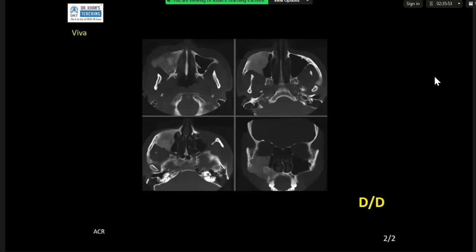I would like to have a look at the soft tissue window because I'm thinking this could actually be an abscess. In the anterior aspect of the right side on soft tissue window, there was no abscess. Okay.